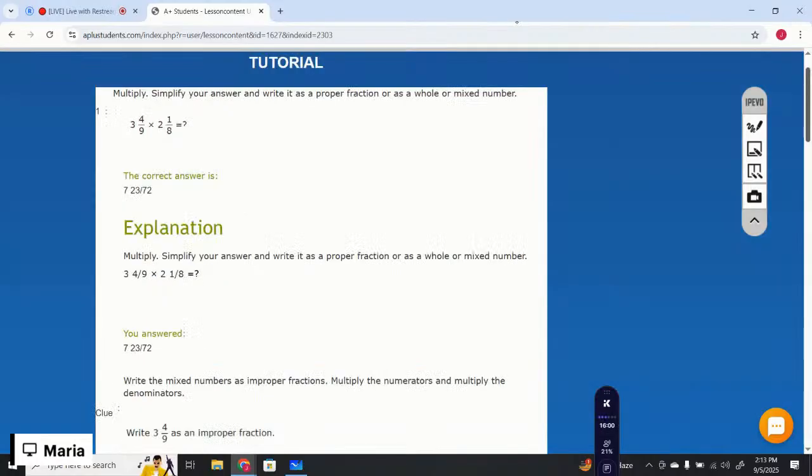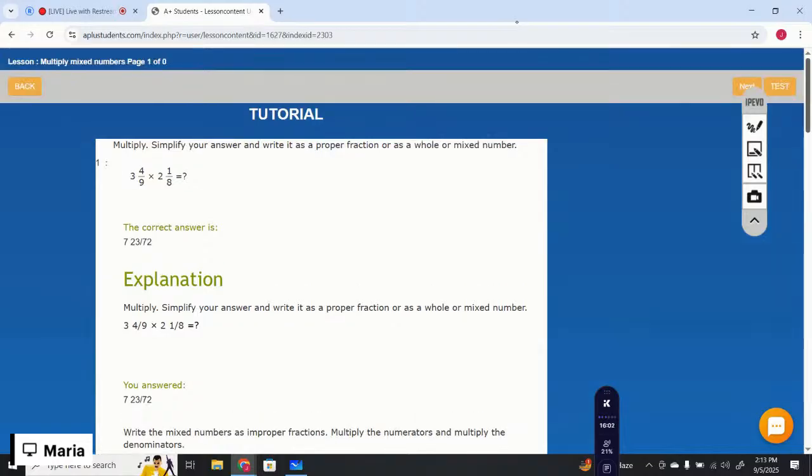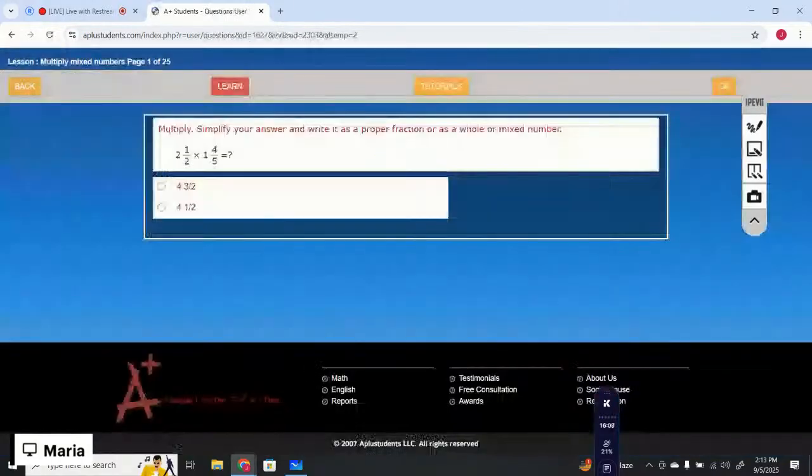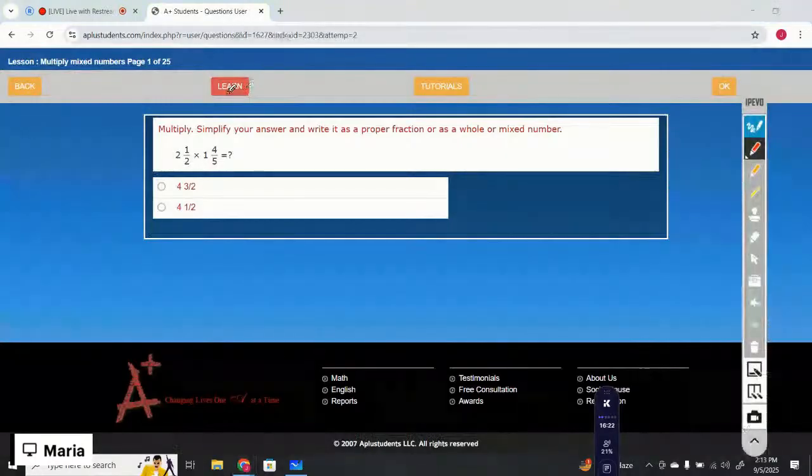Let's just start with test questions. Okay, 2 whole 1 by 2. Just convert both fractions to improper fractions, right? You need to do 2 times 2, that is 4. And you have to add 1, that is 5 by 2.